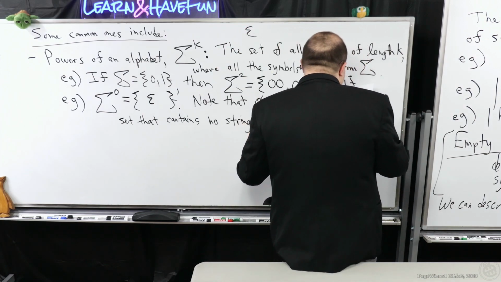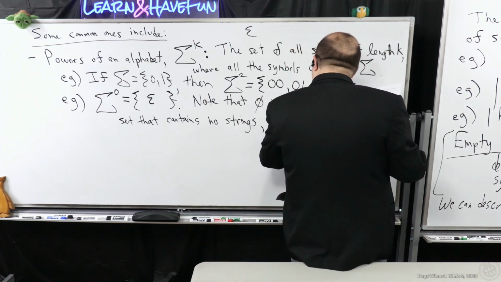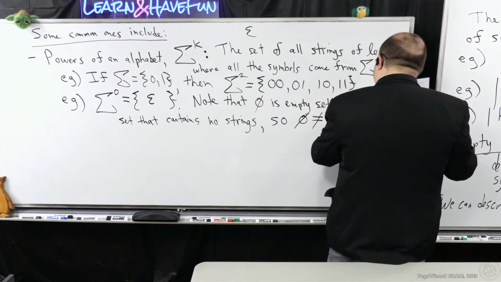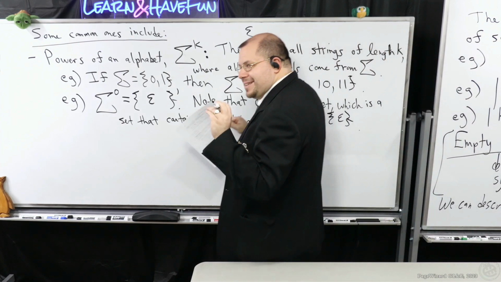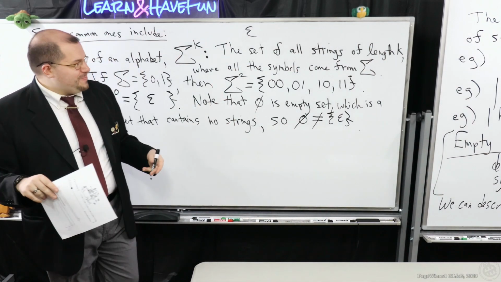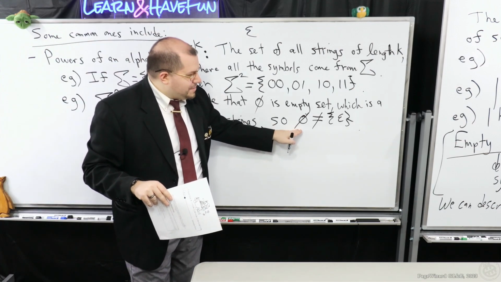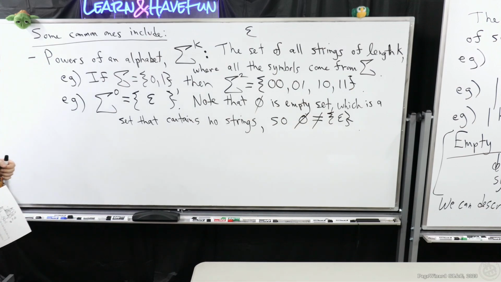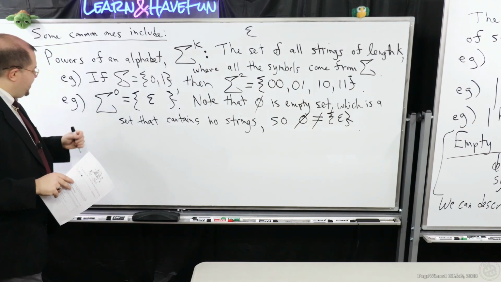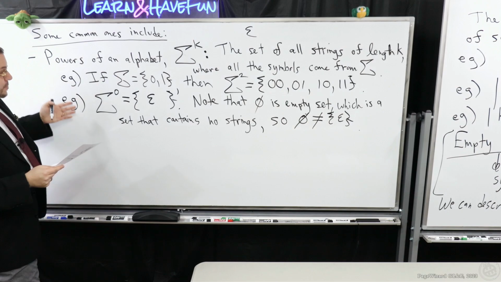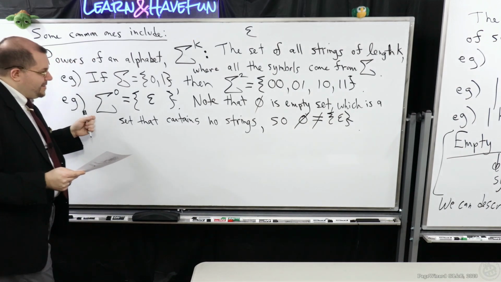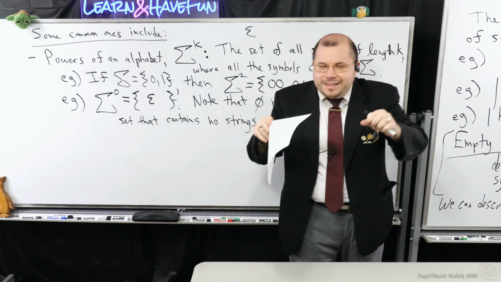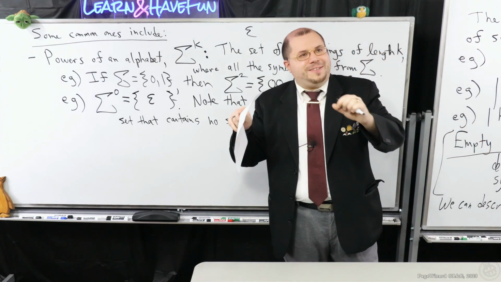So the empty set is actually not equal to the set with the empty string in it. Why? Because the empty string is still a string, right? How many things are in here? 0. How many things are in here? 1. The empty string. Does that clarify that? So this is just some examples of using this notation, and I thought it would be a good opportunity to distinguish the difference between a set containing the empty string versus the empty set.